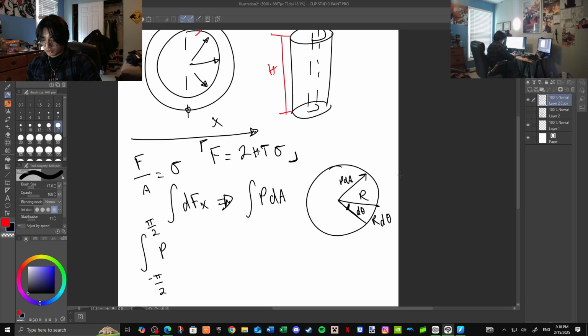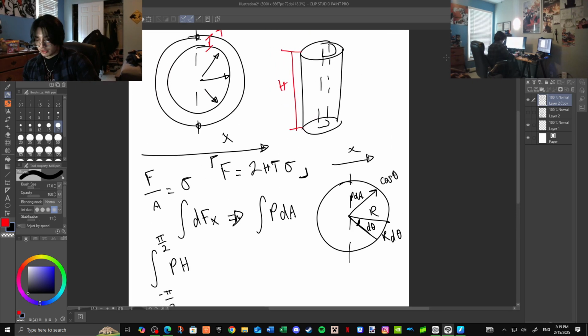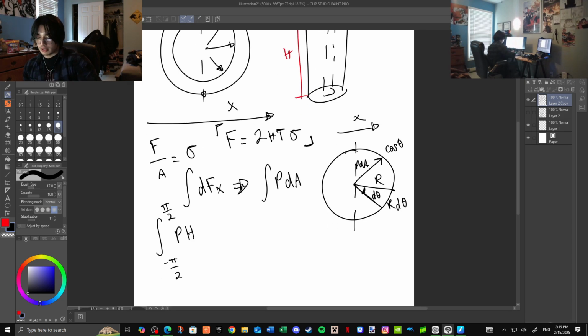Since we're only considering the horizontal force in this direction, we're going to be using cosine theta in the equation as well. We also need to remember that this is a full cylinder, not just a circle, so we need to plug in h as well.